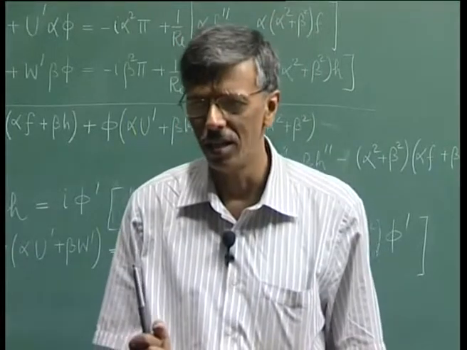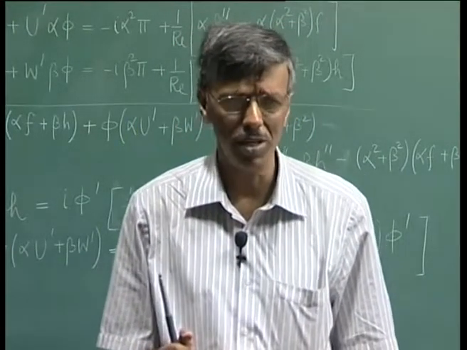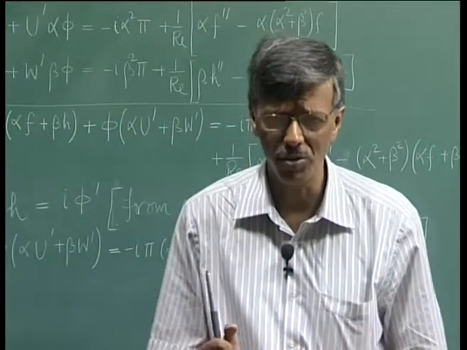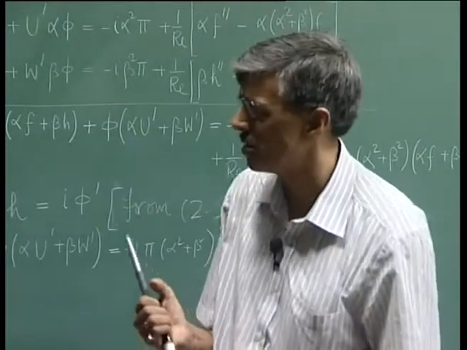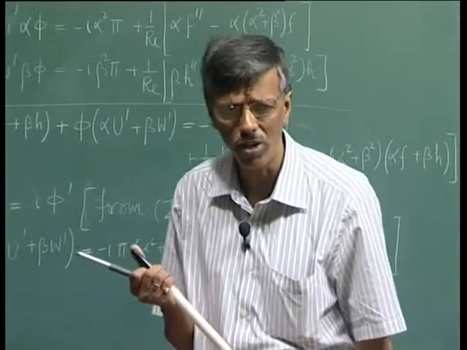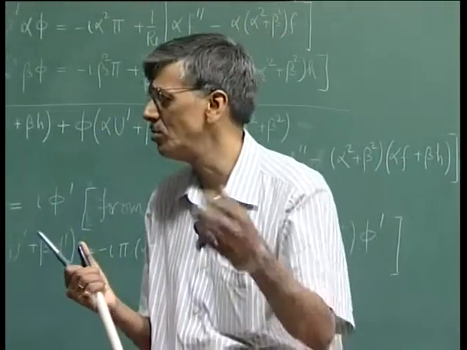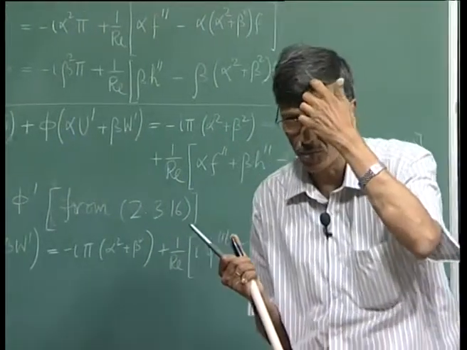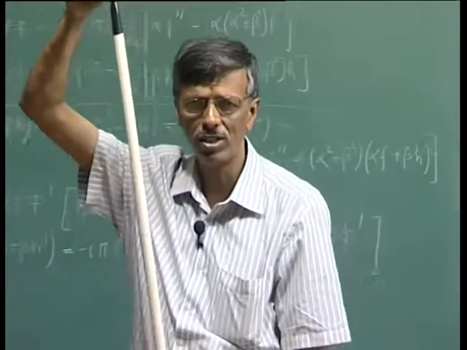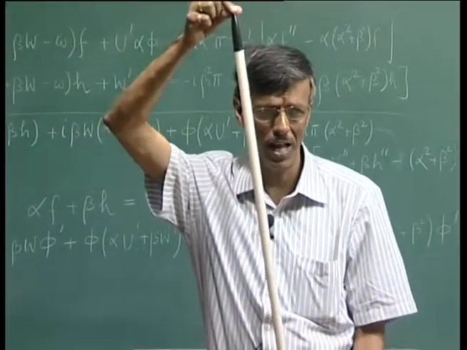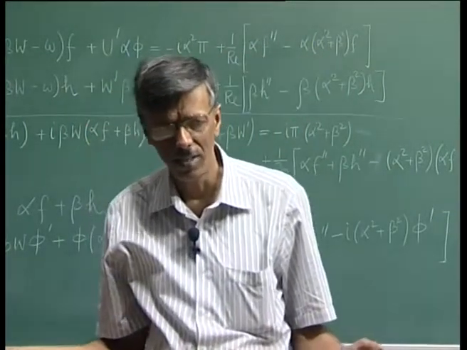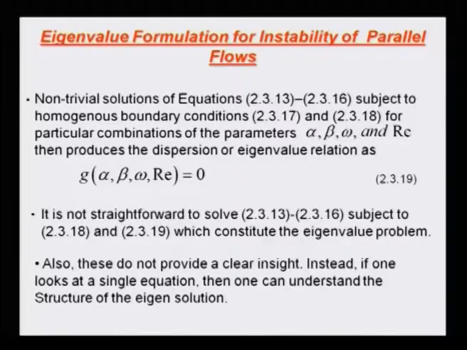But in addition, there are parameter combinations where we would find that despite homogeneous boundary conditions for the homogeneous differential equation, we will get non-zero solutions, and those are the eigen solutions, right. That is what you may have been introduced to as an eigenvalue problem. For example, the simple problem, if I take a column like this and I apply an axial load, then what can happen? It can buckle, and that is a classical instability problem studied by Euler long ago.